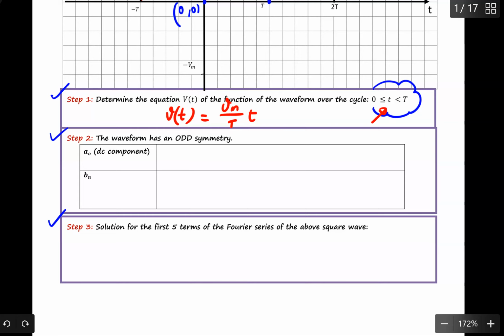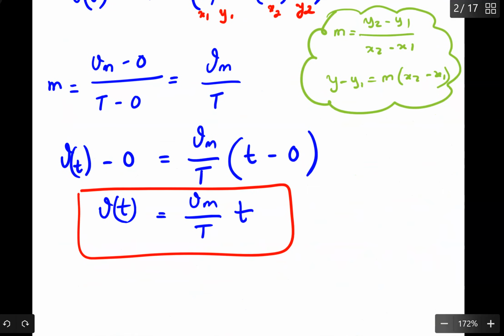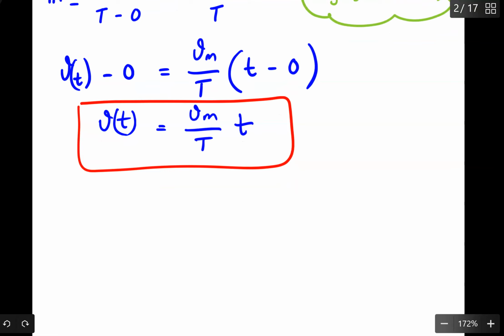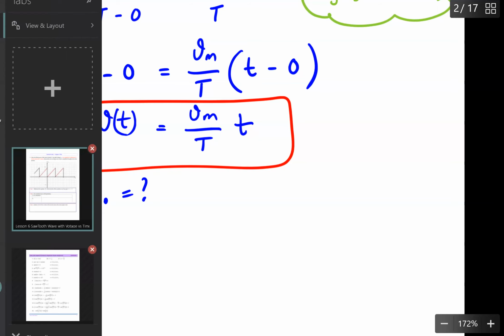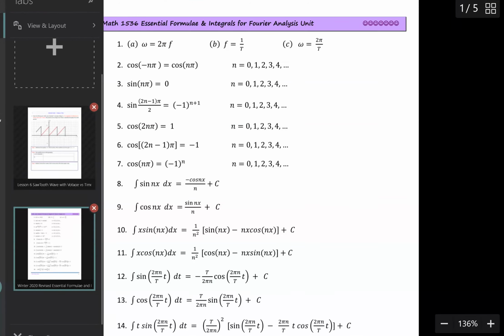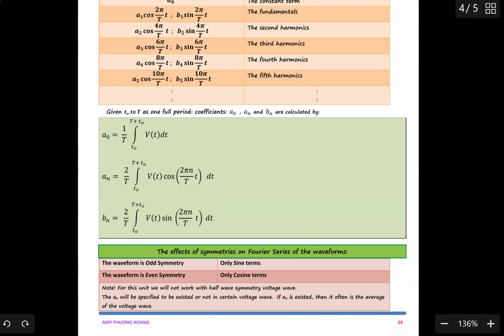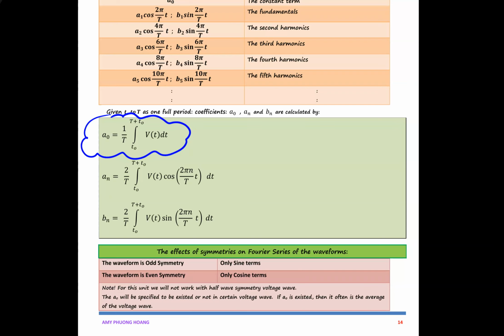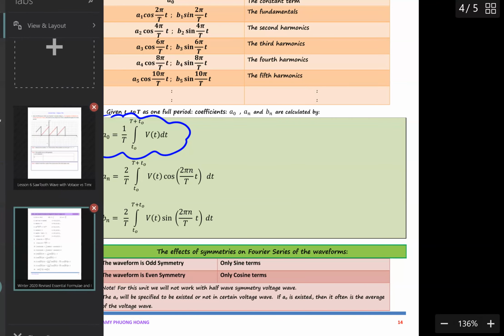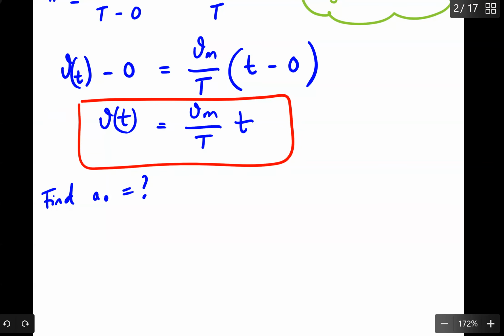Now they ask me to find the DC component a0. To find a0, I would like you to go to our formula sheet. On this formula sheet, it gives me the formulas to find a0, so right here is a0.